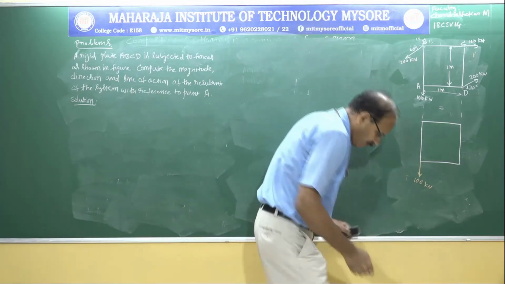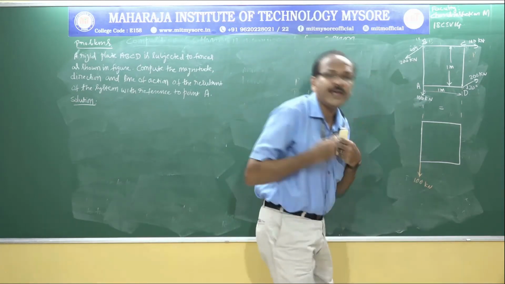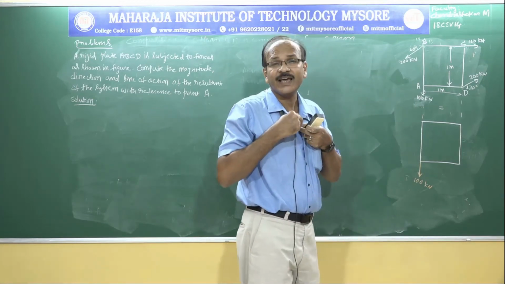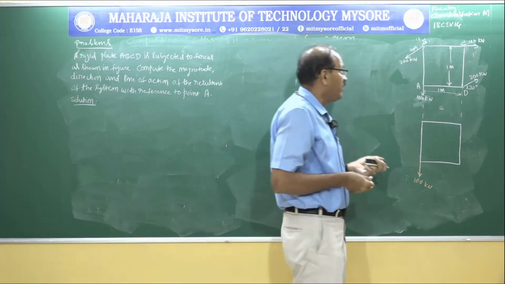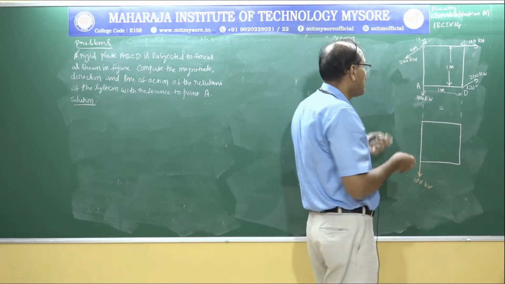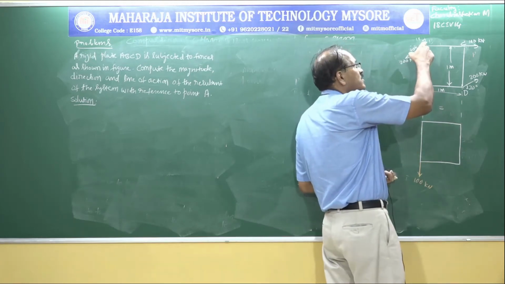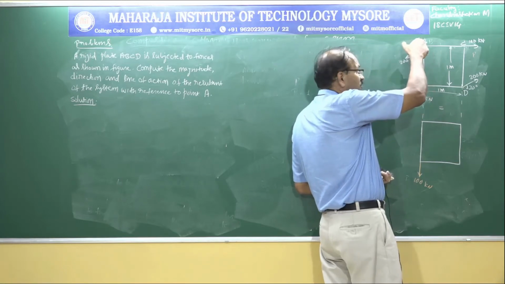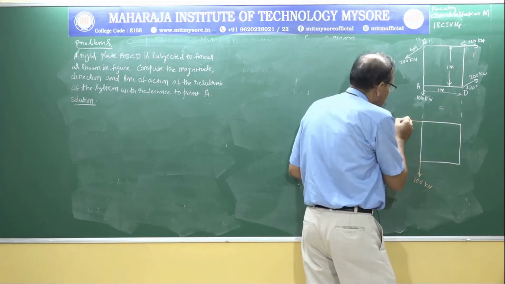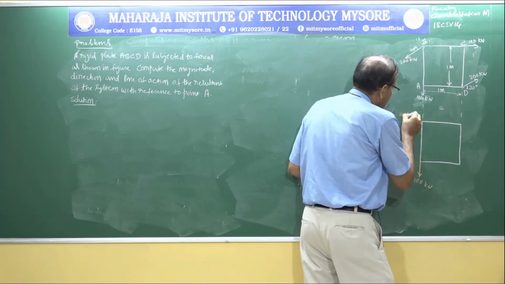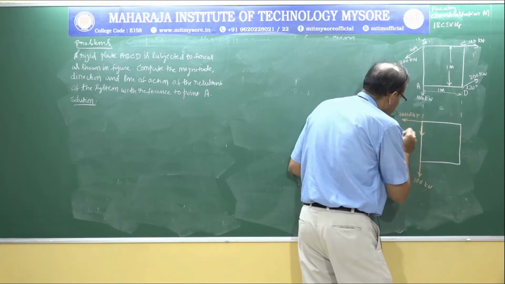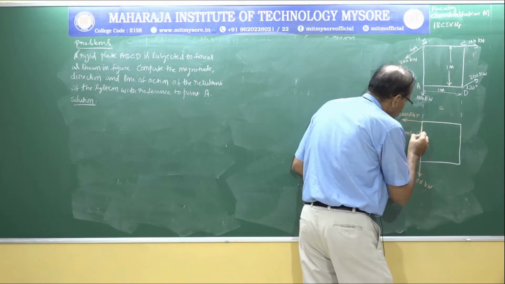If I take the force at B, which is acting at an angle of 45 degrees with respect to the horizontal, I can resolve this force into its components. So the horizontal component is 200 cos 45, and the vertical component is 200 sin 45.